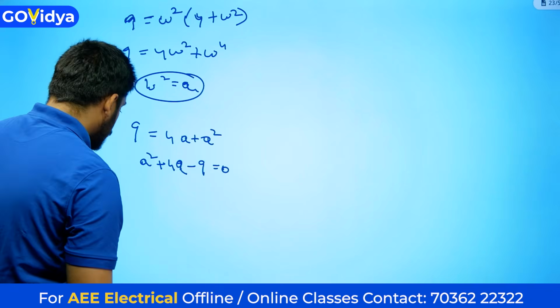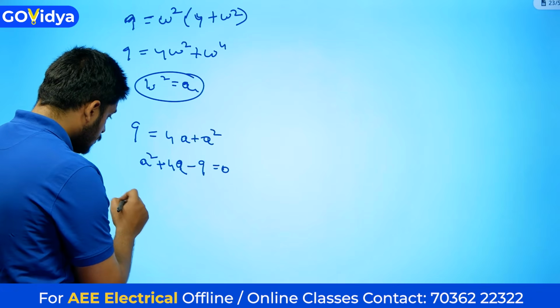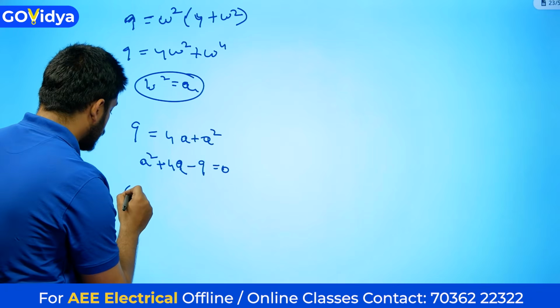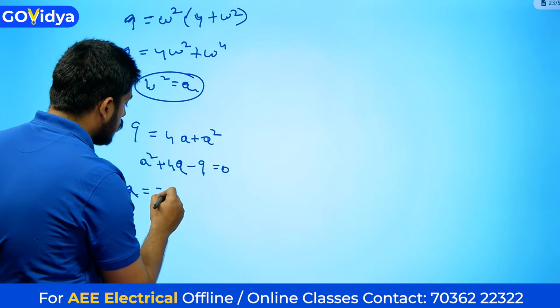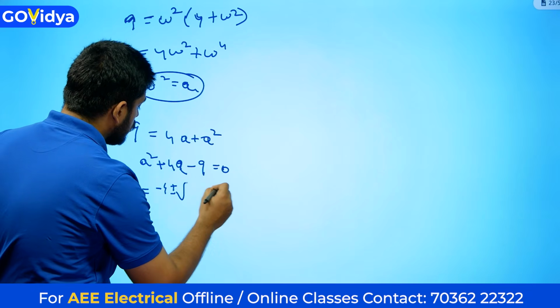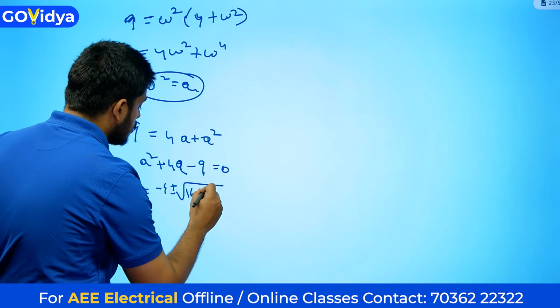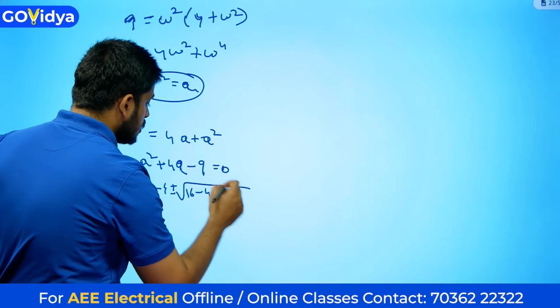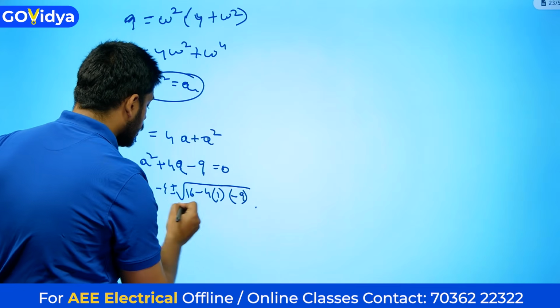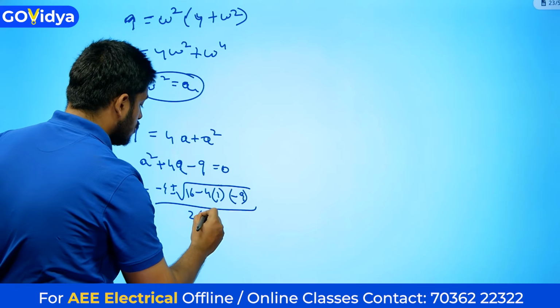Let us solve this equation first. By solving this equation, we will follow the same steps again. a is equal to minus 4 plus or minus root of 4 square, 16, minus 4 into a value 1 into c, minus 9, divided by 2 into a.